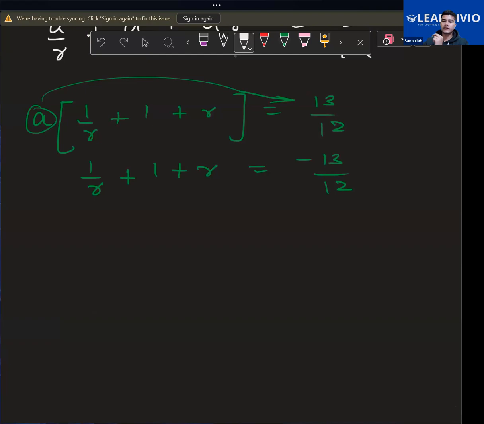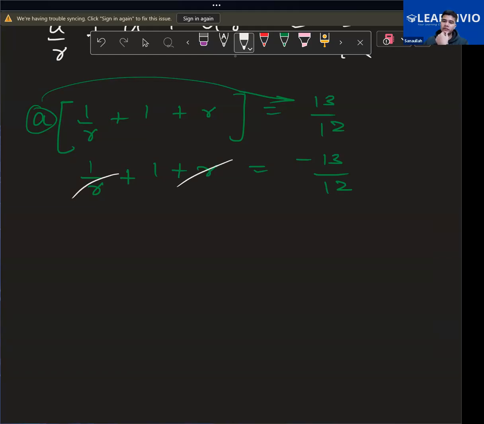Now we have to simplify this, and for that, first of all, what should I do in the LHS? I have 1 by R plus 1 plus R. What should I do? We will take R with R into 1 minus R, we'll cut R. No, see, we can't cut R. This is wrong.